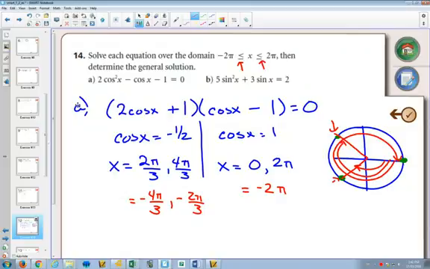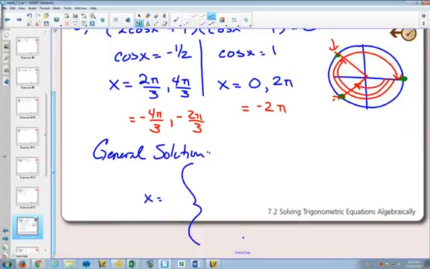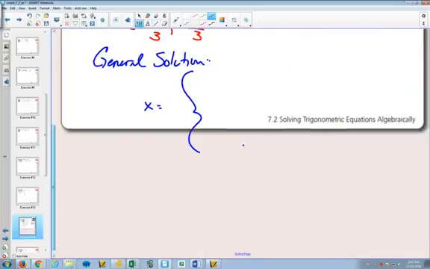Now, it said also find the general solution. So these are the 7 answers for the solution over the domain negative 2 pi to 2 pi. The general solution, well, what did we do with the general solution? We wrote out all the answers from 0 to 2 pi.